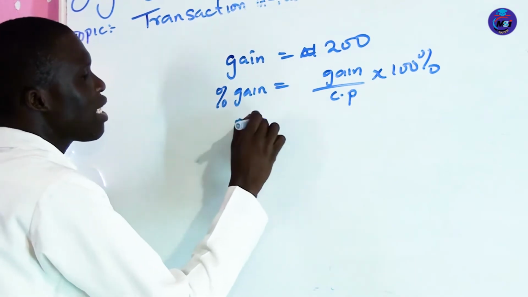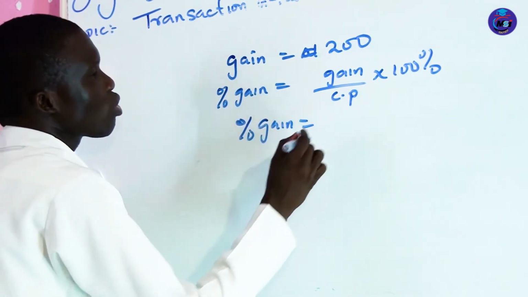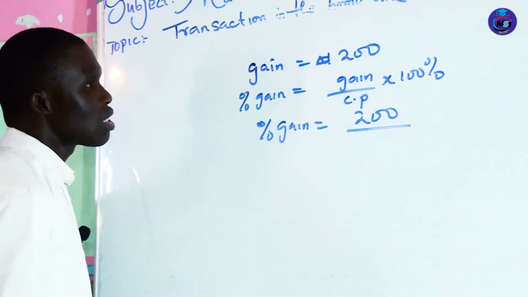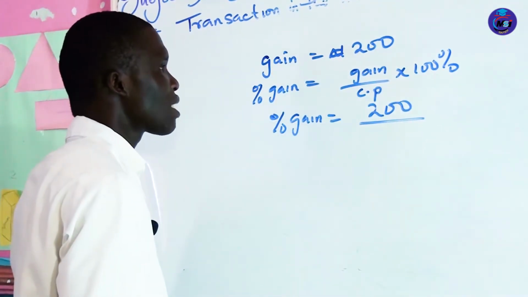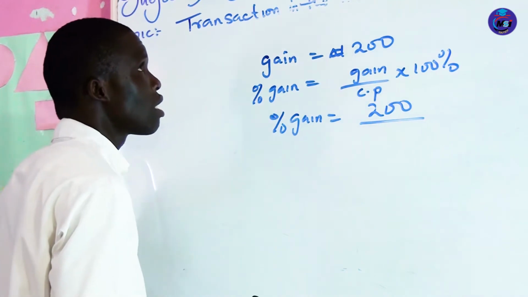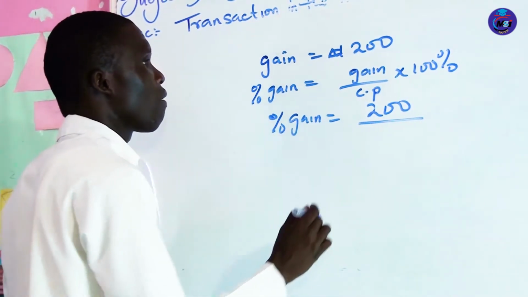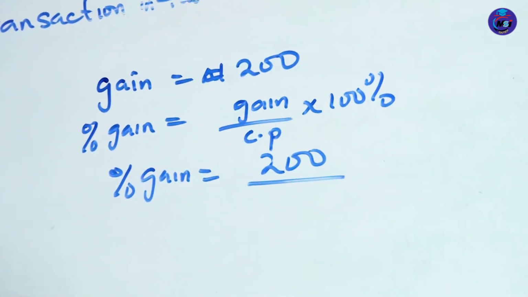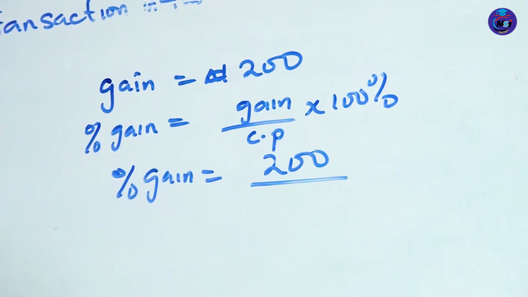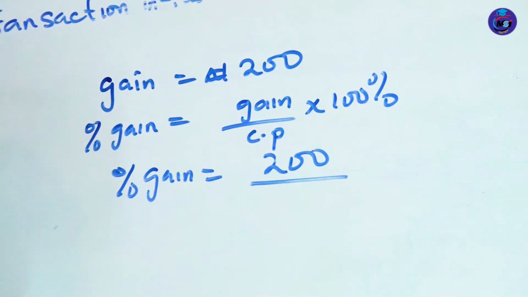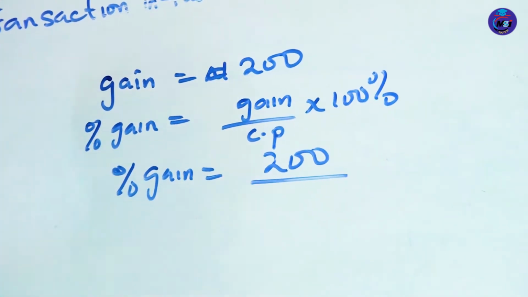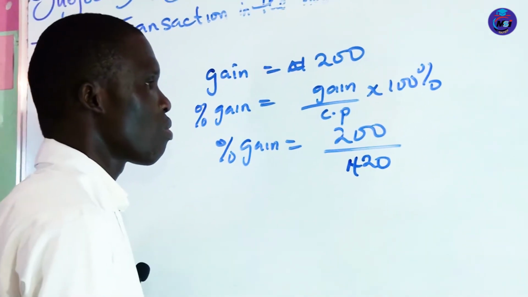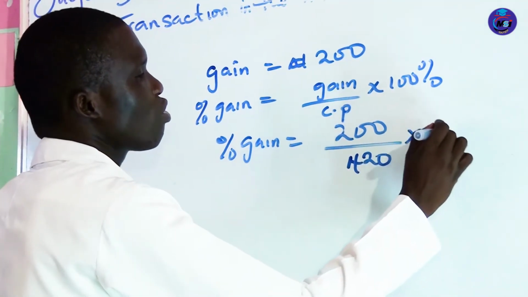Okay, percentage gain equals 200 all over the cost price, the cost price is 420, times 100.